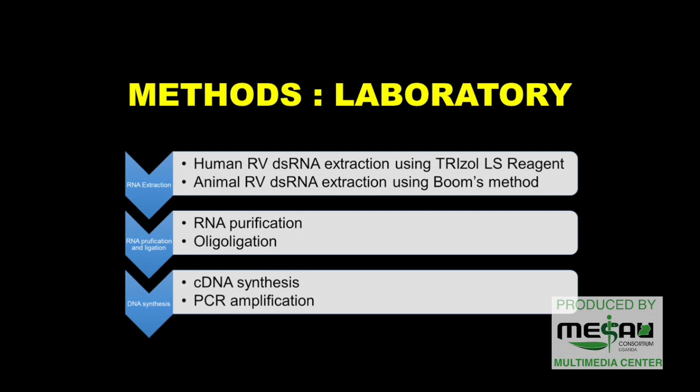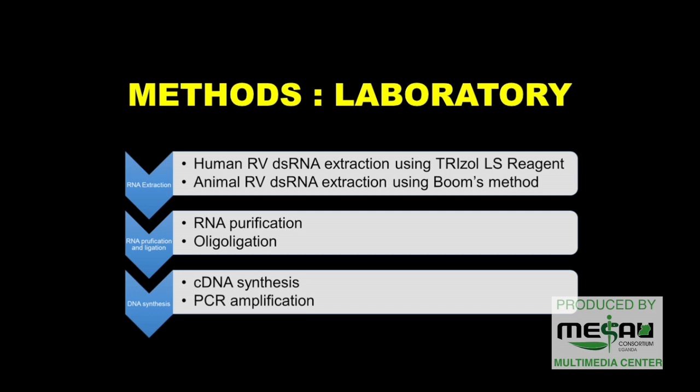After that, we added lithium chloride so that we could remove the single-stranded RNAs, and then we purified the double-stranded RNAs which we got. We ligated oligos to those double-stranded RNAs, and then we did cDNA synthesis and carried out PCR amplification.